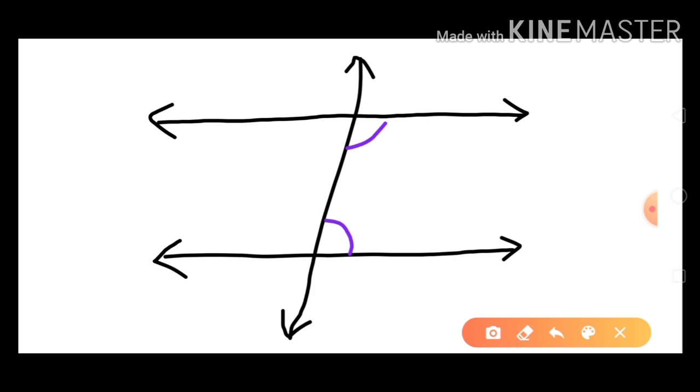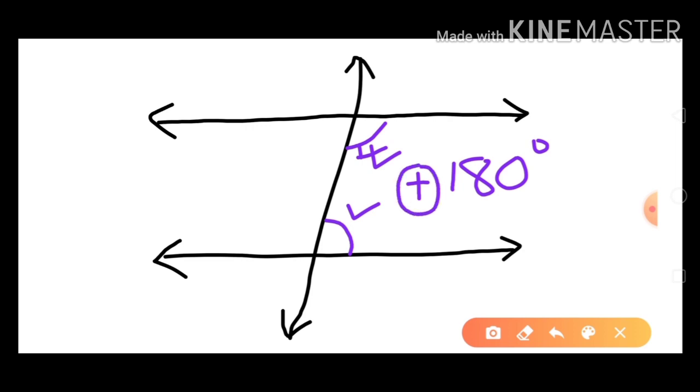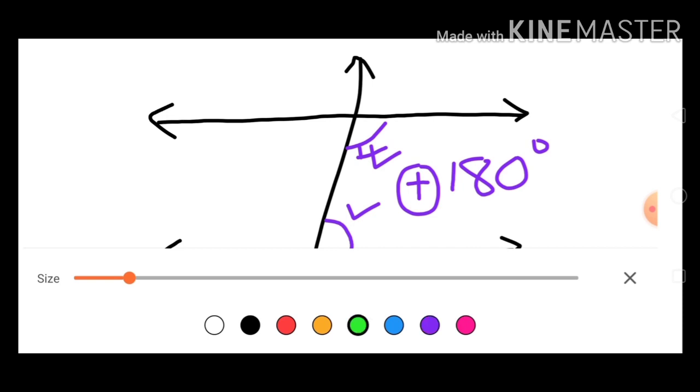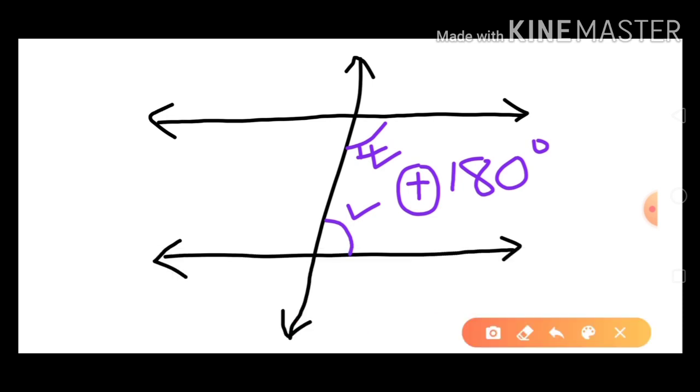Supplementary means their sum is 180 degrees. When you add these two angles, their sum is 180 degrees. This angle and this angle are interior angles on the same side of the transversal, and their sum is 180. It is for the pair of parallel lines, remember.